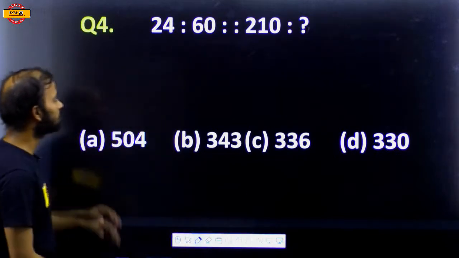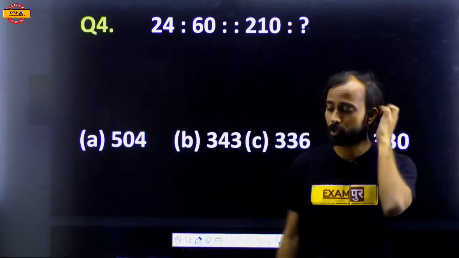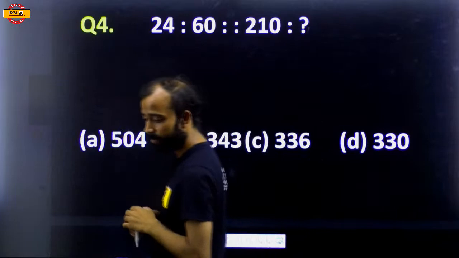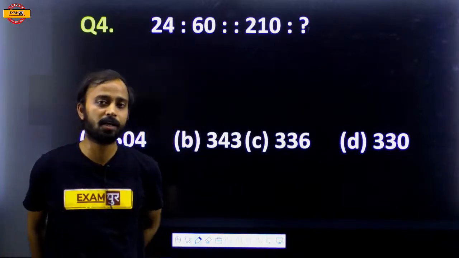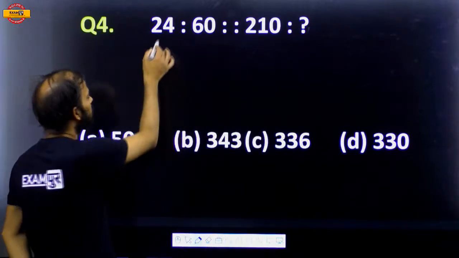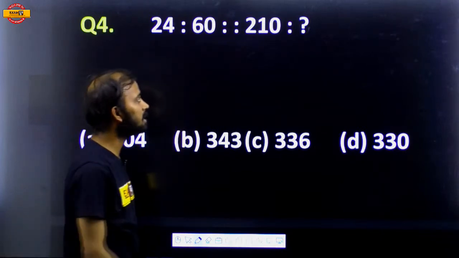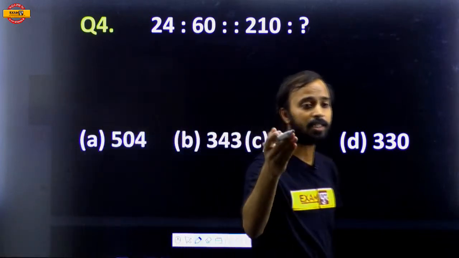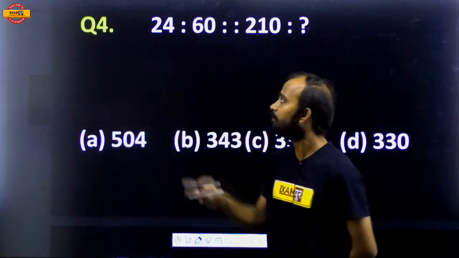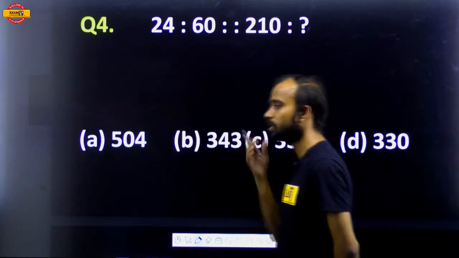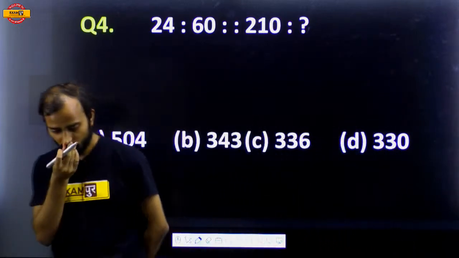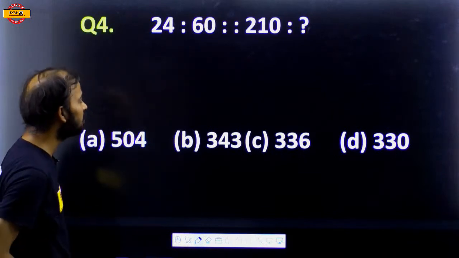Please find out, this question is also related to square and cubes. And 24, can we represent 24 in the form of square and cubes? 24 is related to 60. Similarly, 210 is related to what? 24 का संबंध 60 से है, उसी प्रकार 210 का संबंध किससे होगा? Please find out.